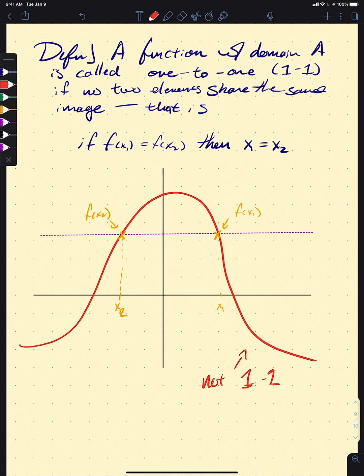It turns out, just like we had this handy vertical line test to tell whether or not a graph could be written as a function, we also have this horizontal line test to determine if a function is one-to-one. So let's formalize this.